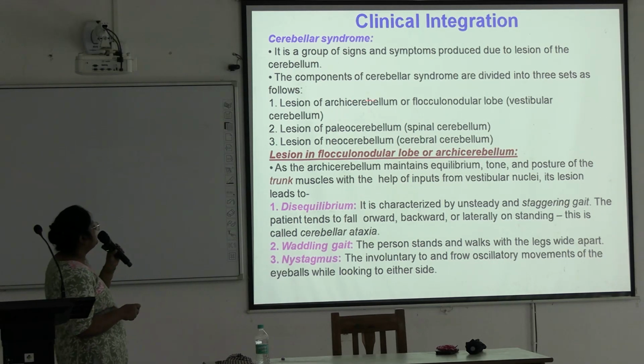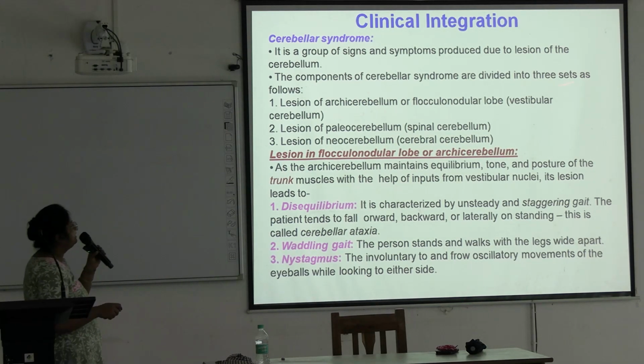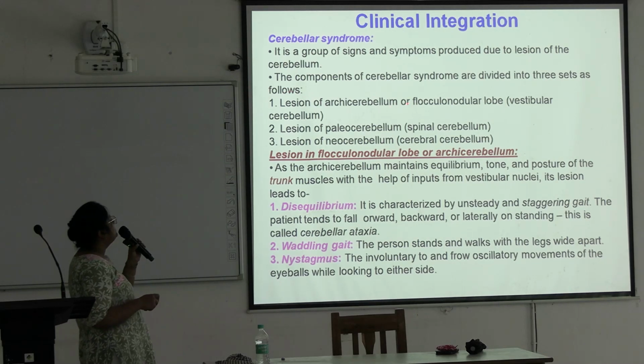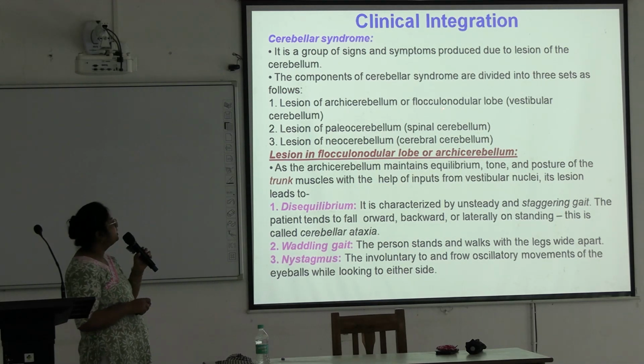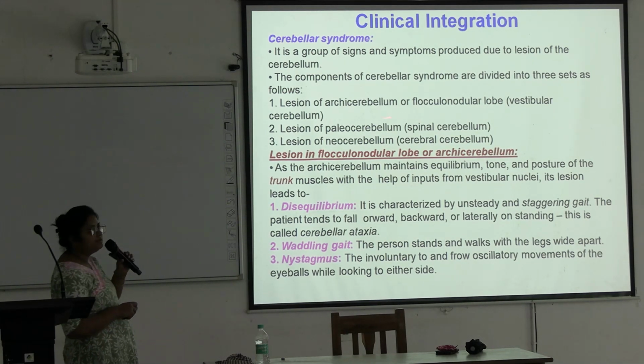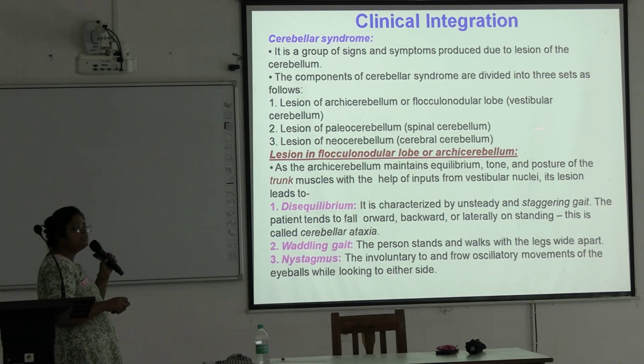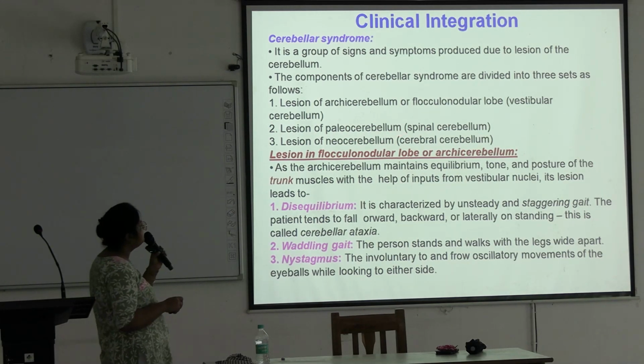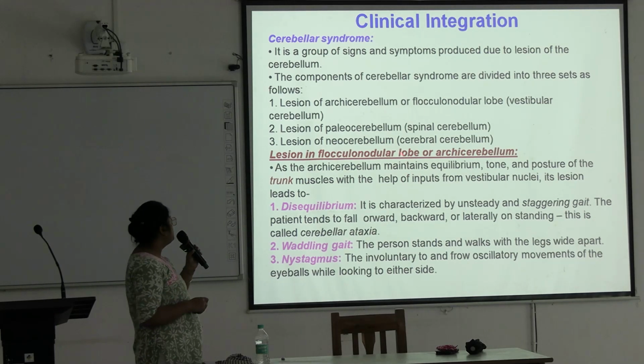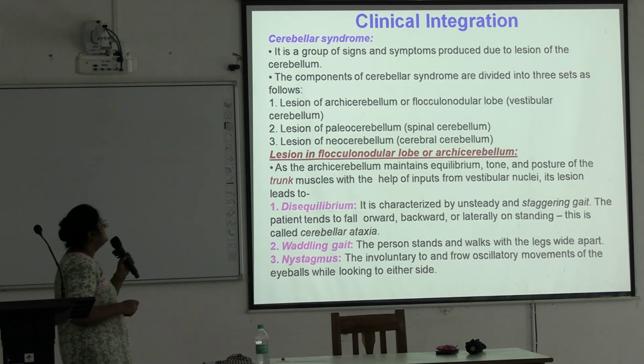The components of cerebellar syndrome are divided into three sets: lesions of the archicerebellum or flocculonodular lobe, that is the vestibular cerebellum, lesions of the paleocerebellum or spinal cerebellum, and lesions of the neocerebellum or cerebral cerebellum. So what will be the symptoms?